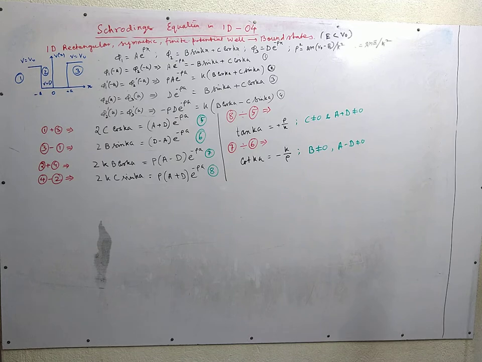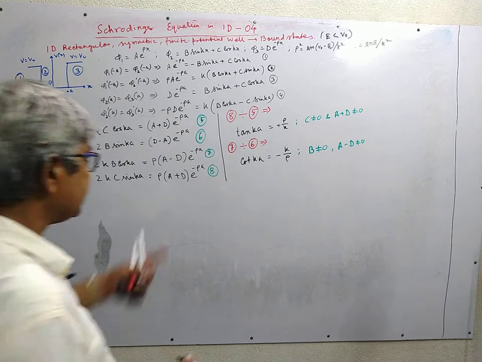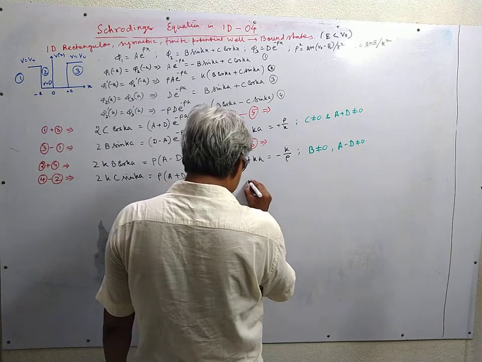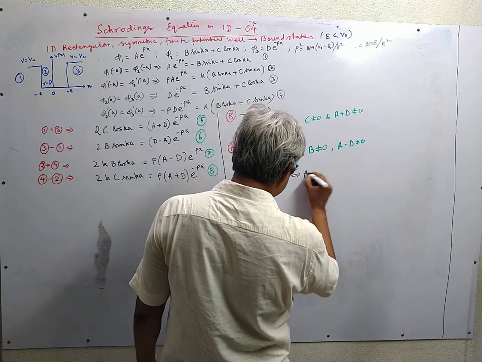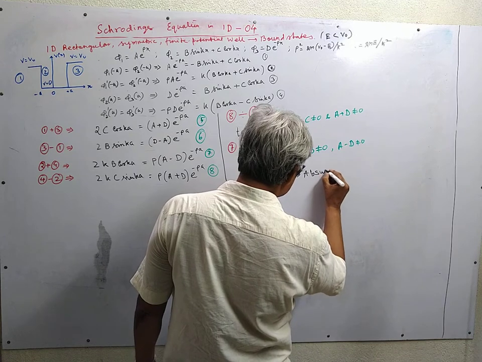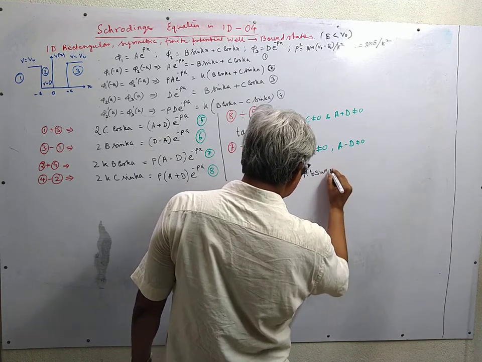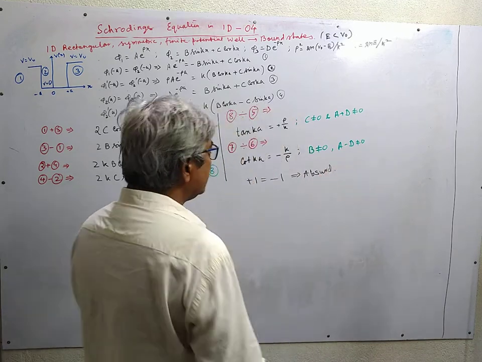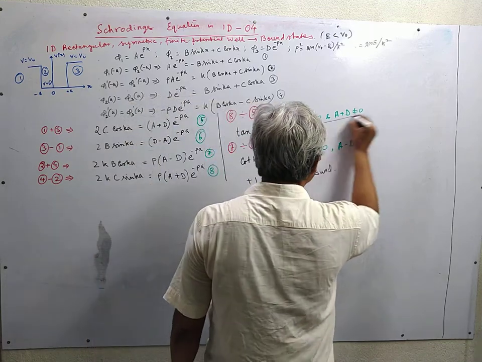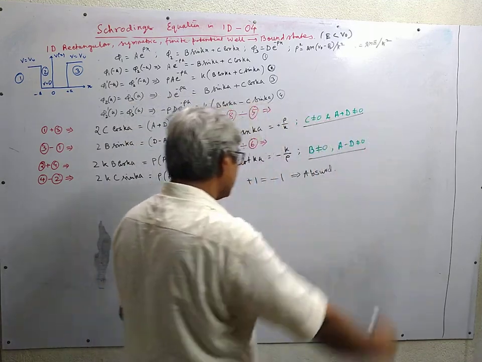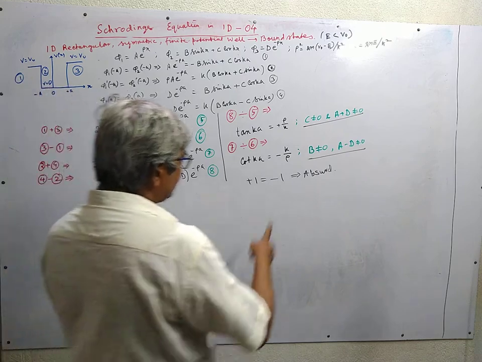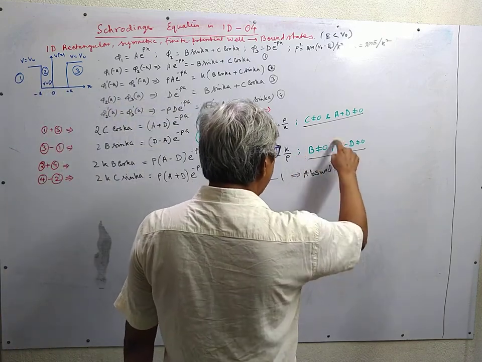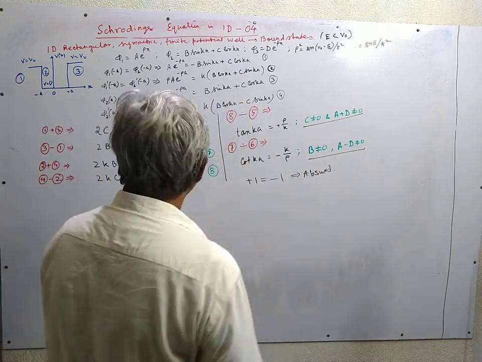So if we multiply these two equations, we get plus 1 is equal to minus 1, the opposite. So what is wrong in it? The wrong is in this assumption. These assumptions are not correct. That is, we may have b is equal to 0 and a is equal to d.